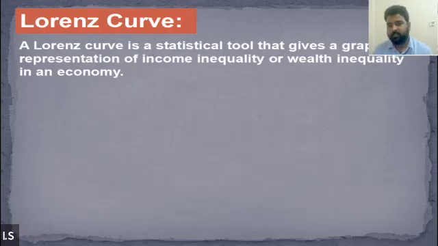It has a very narrow scope of use, since it is not used every time. Generally, we use it only when we want to find out income inequality or wealth inequality in an economy.